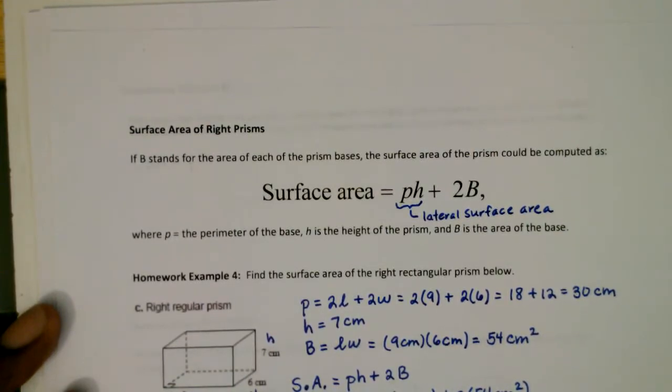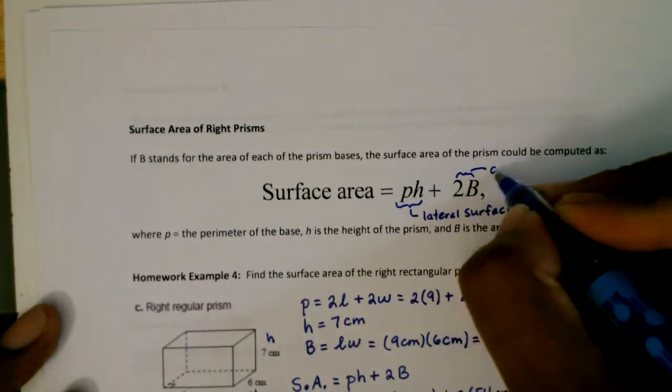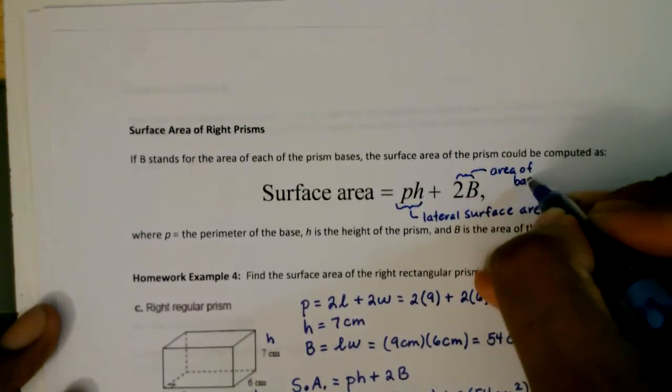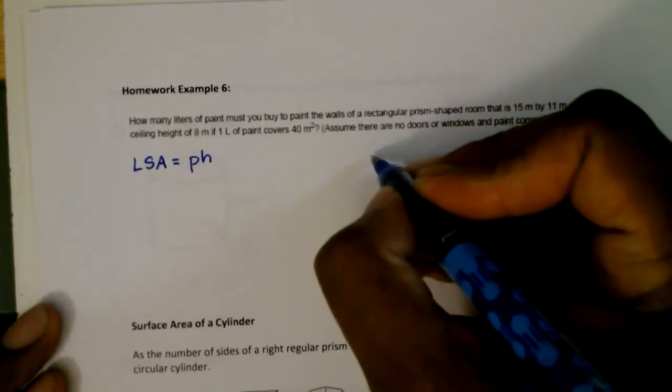And that 2B, that's the area of the bases, the top and the bottom. So we're only looking for the lateral surface area, which is, of course, LSA, as I'm abbreviating this. Now, the P, of course, is your perimeter.